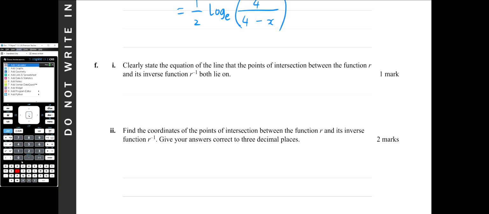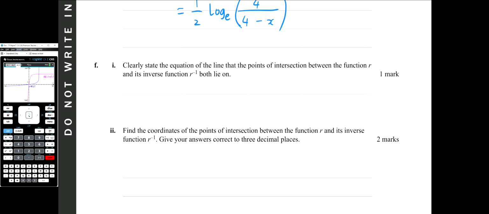So going to a new graphs page, let's sketch the function r of x. That's what the function r of x looks like. And now let's sketch the inverse. So to sketch the inverse, I'm going to change my graph entry to relation mode, and then just put in x equals var r of y.